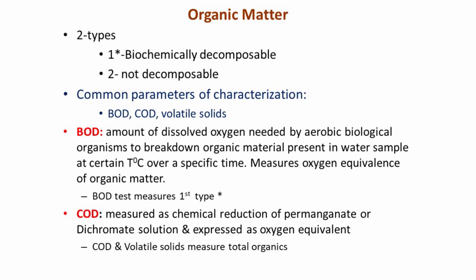The BOD test measures the first type of organic matter, that is the biochemically decomposable or the degradable organic matter. The another parameter is COD, chemical oxygen demand. This is measured as chemical reduction of permanganate or dichromate solution and expressed as oxygen equivalent. The COD and volatile solids measure the total organic material.